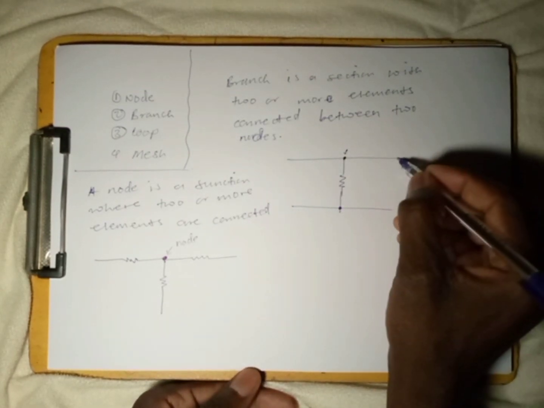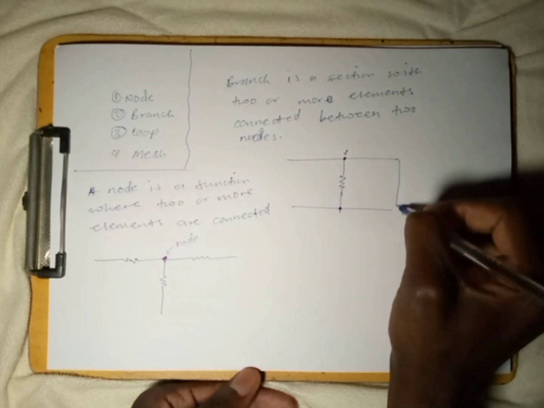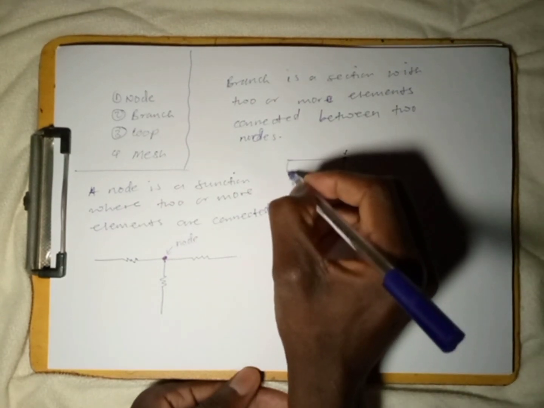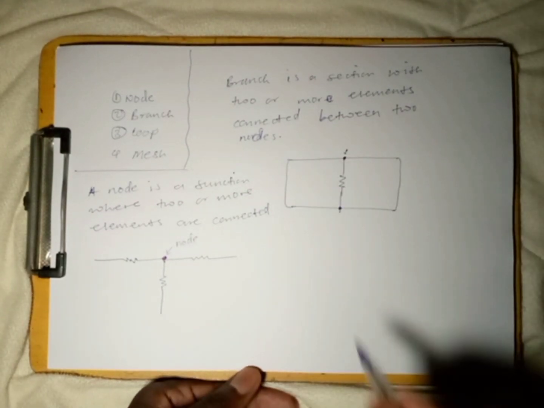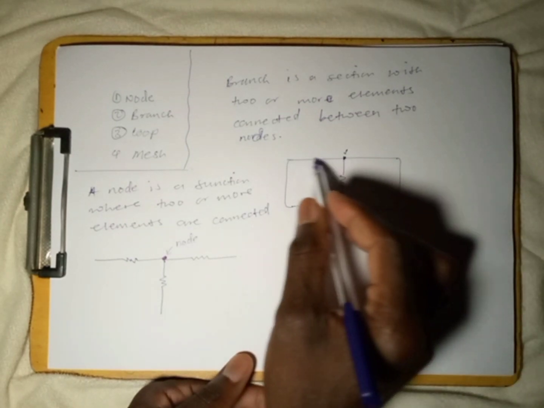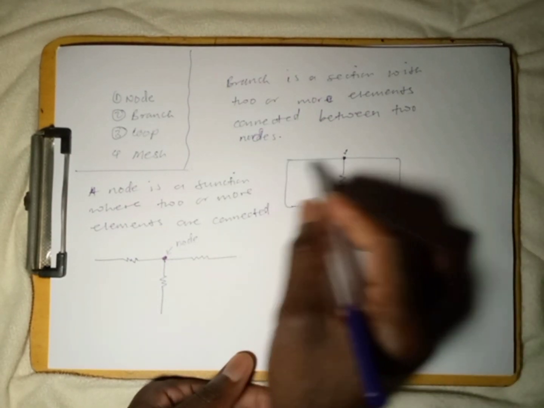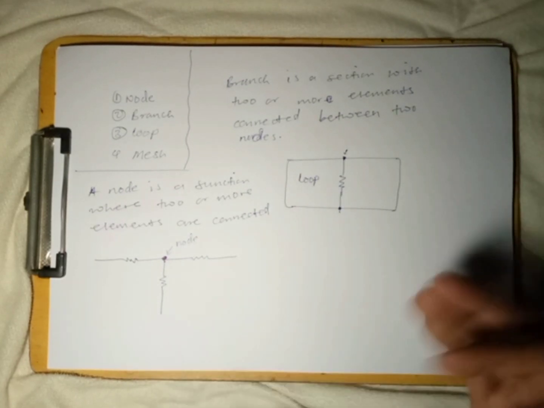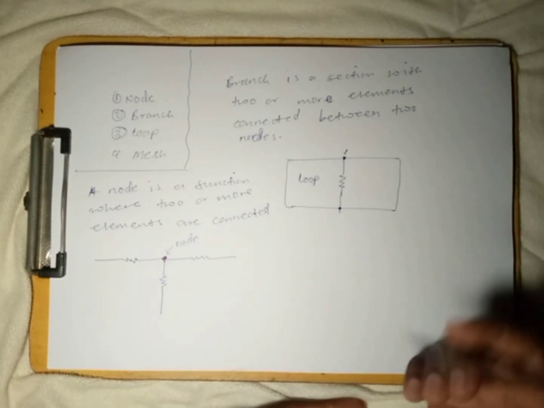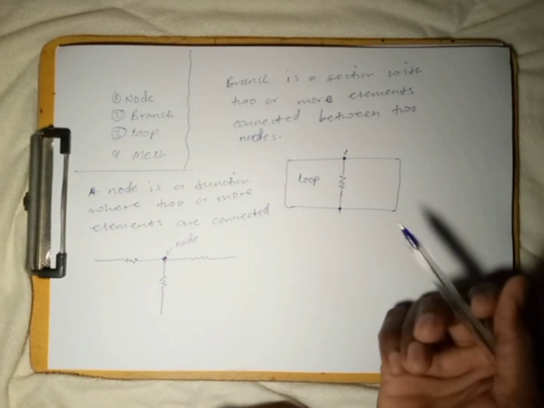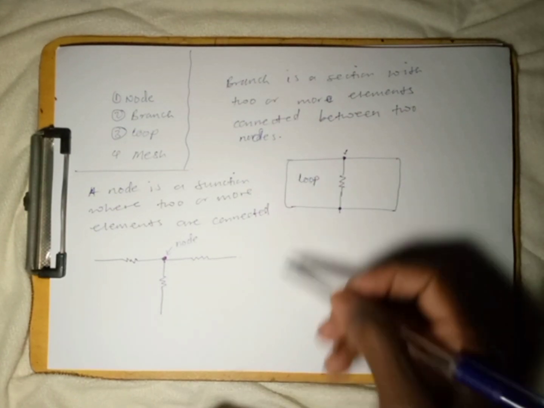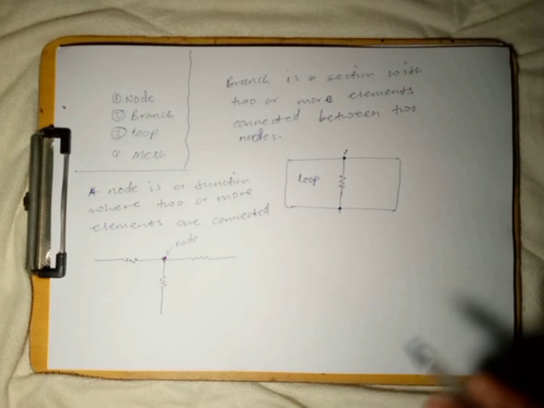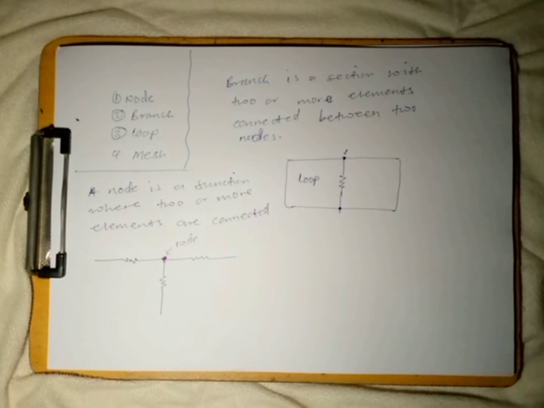So if we try to close this circuit here and the other circuit on that given part, you will understand that a certain part of a closed circuit like this one is what we call a loop. So a loop is just a closed part of the circuit. Then mesh simply means the total sum of loops, or a group of loops. We can say that is what we call a mesh.